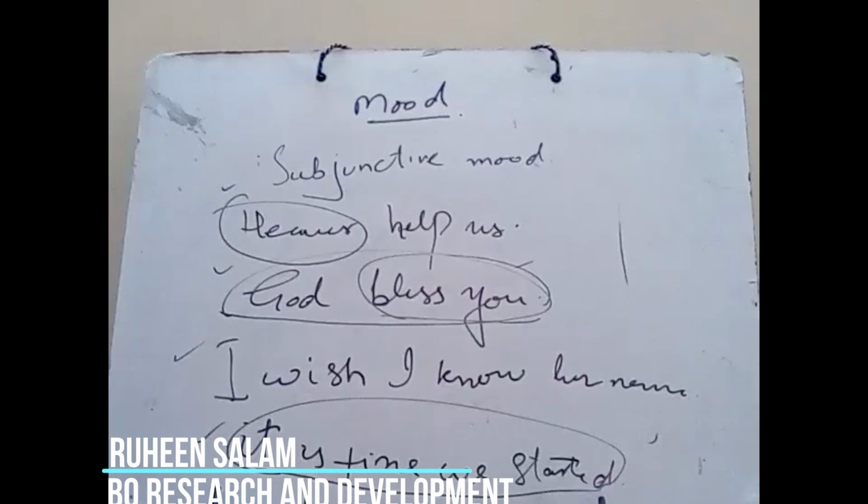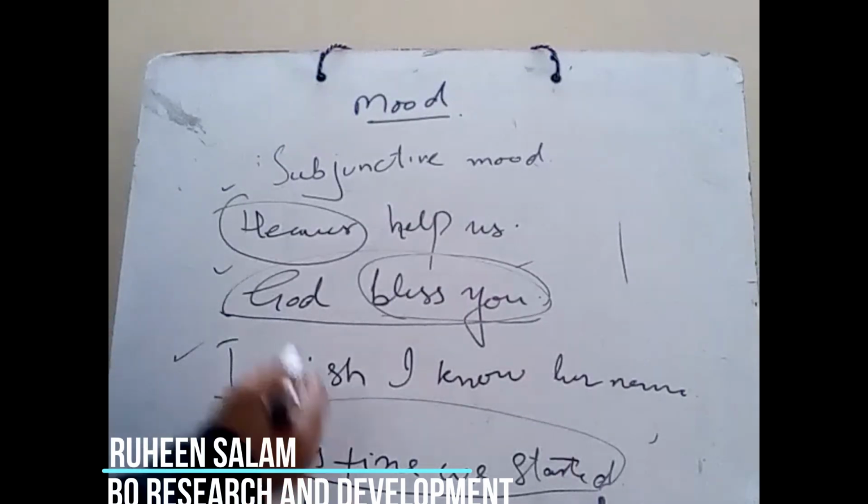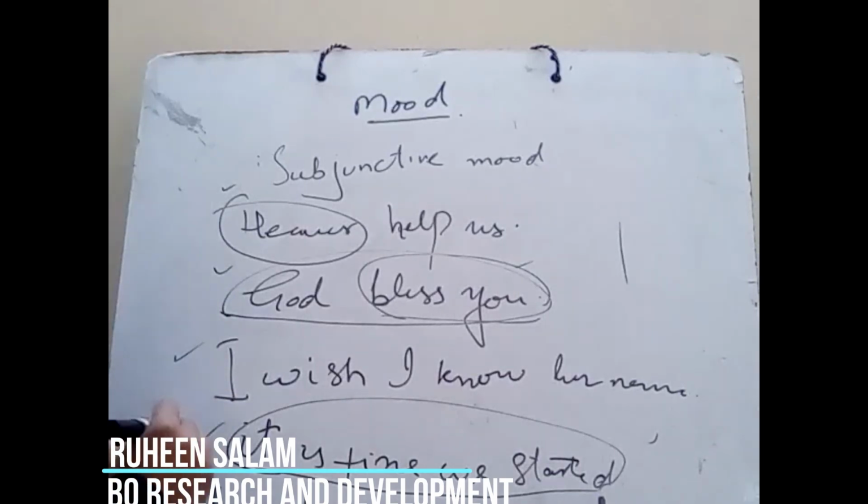So this is based on a fact which is not real and impossible as well. As conditional was real and possible, this very thing is unreal and impossible. Again, one part of the subjunctive mood.